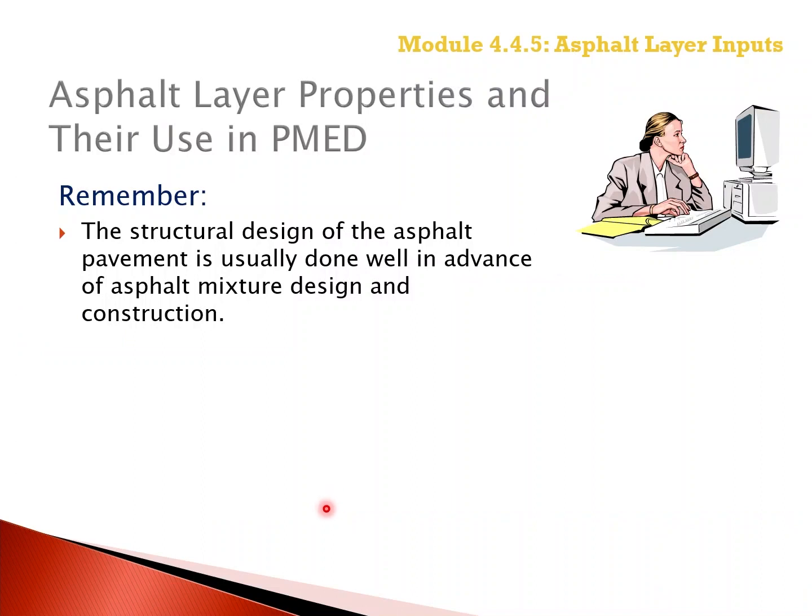Before getting into the individual asphalt layer properties that were illustrated in the software and in the screenshots, an understanding of how the properties are determined and what they represent is provided on this slide. As for the other processed materials, the structural design is completed prior to the contract being let.